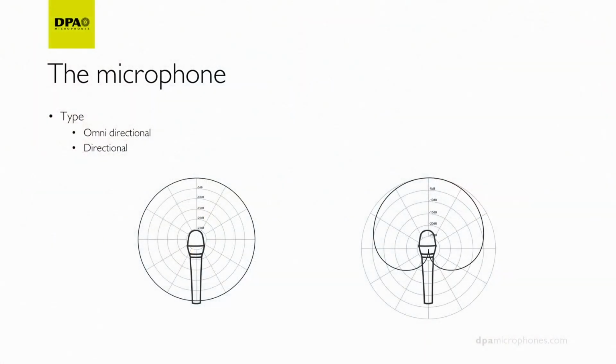You can also use directional headsets. We have headsets that are directional in the angle towards the mouth. So if you're in a very noisy environment and you want to block all the reflections, or you want to block all the noise coming from left and right, you use a directional headset.